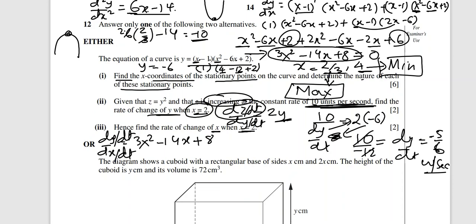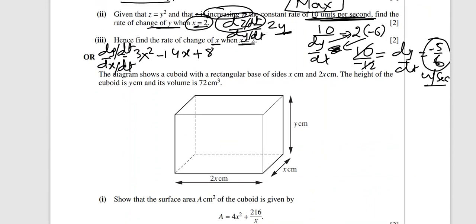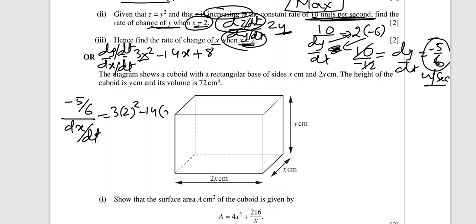So dy over dt we just found out is minus 5 over 6. So here we will write minus 5 over 6 in place of dy over dt. So minus 5 over 6 divided by dx over dt equals 3x square minus 14x plus 8, where x is 2, as they have given.